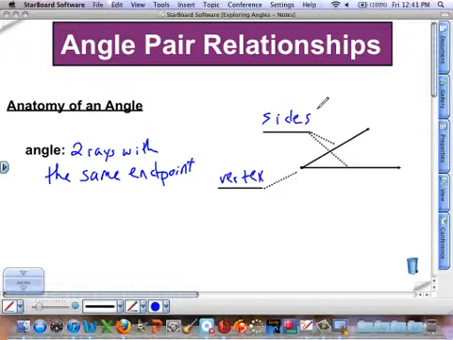So again, it's really important that you guys are able to remember that term vertex. And the vertex is going to be that corner of your angle. And we're going to use that term.